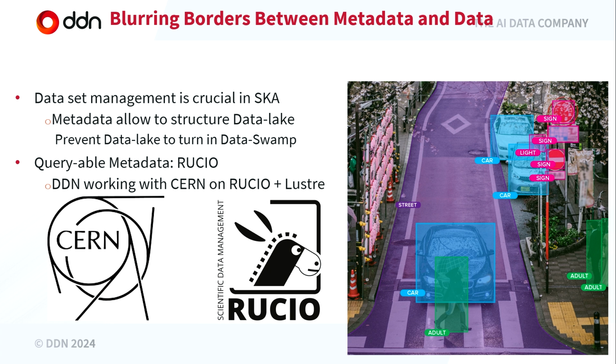For example, annotated video, which is used commonly today for self-driving vehicles: every frame is annotated with a lot of metadata, and in number of bytes, the difference between data and metadata becomes a bit questionable. So again, I want to emphasize that we are working with this group at CERN to see how we can accelerate, or maybe integrate a bit together, this metadata catalog with the file system.